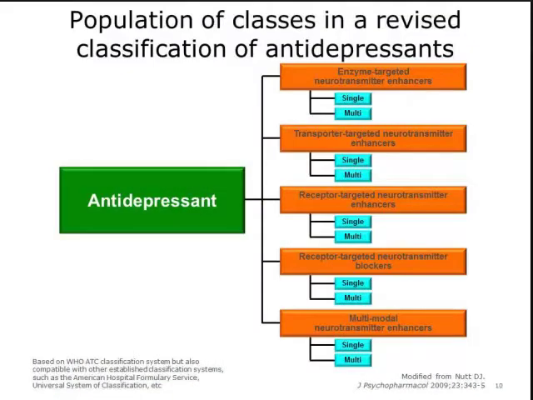If we apply this approach, we can come up with a classification like this, where we can talk about drugs which work on single receptor systems or multiple receptor systems, single uptake systems or multiple uptake systems, and also work on more than one system, work both on, say, reuptake and also on receptors.